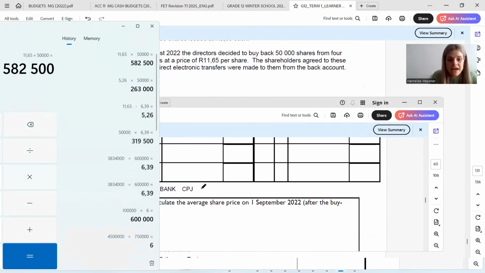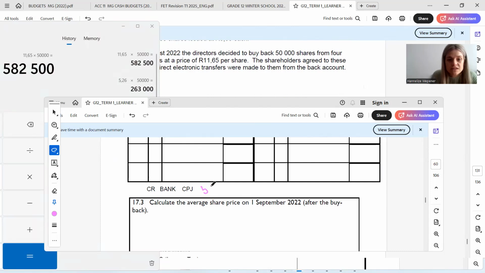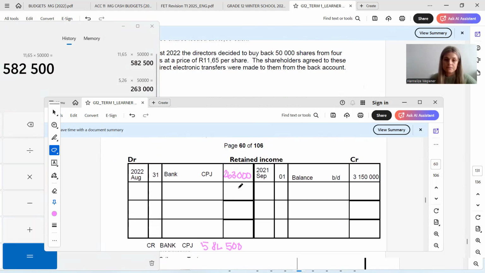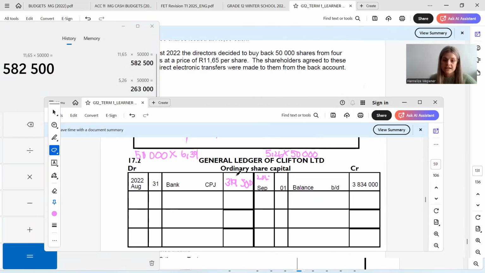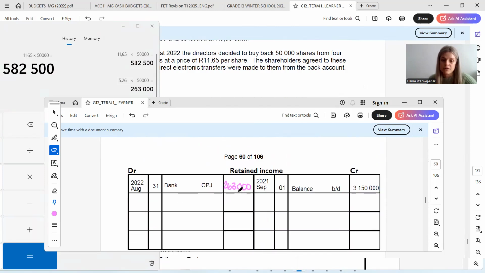So the total in bank will be 582,500. Okay, so that is in bank, but I can't remove the full amount from my ordinary share capital, so only 319,500 is taken from ordinary share capital, and the difference will be taken from my retained income.